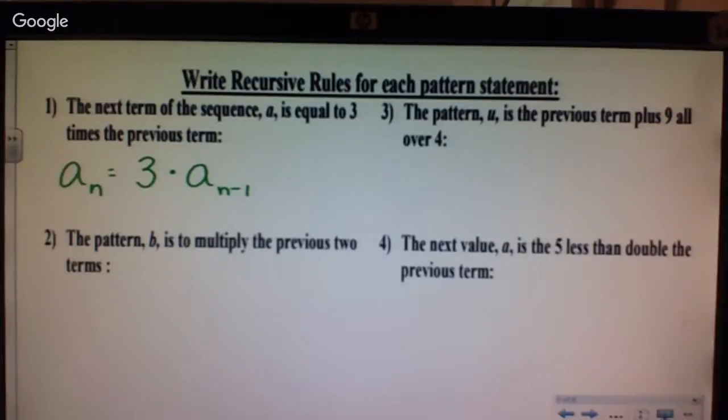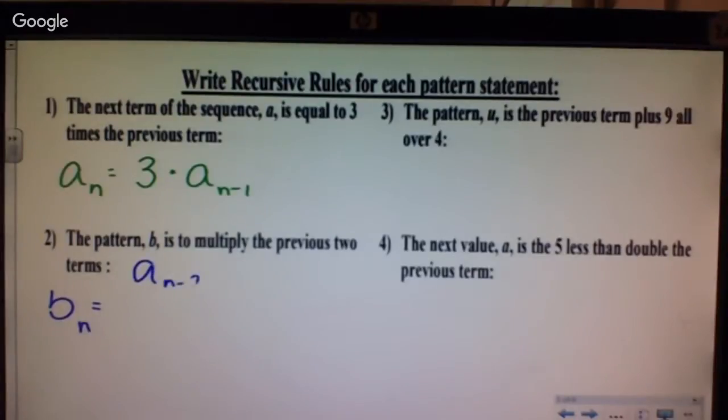Number 2 says the pattern B. So b sub n is to multiply the previous 2 terms. So would it be n minus 2 times 2? Not n minus 2 times 2, but it says previous 2 terms.